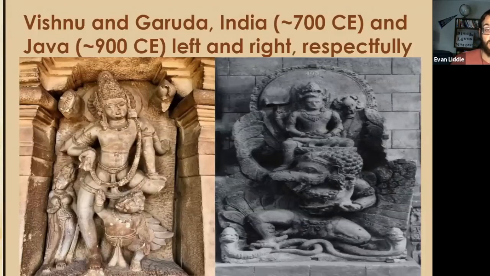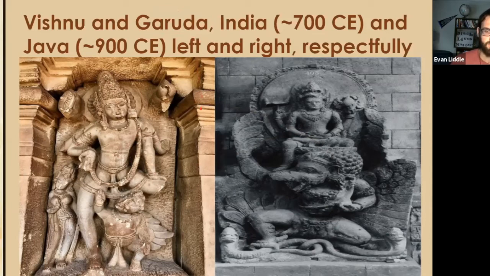This is another one of my favorite examples of syncretism. These are both statues of Vishnu and a Garuda. I say a Garuda because sometimes there's a very specific Garuda, sometimes it's just generic Garuda, but a Garuda is Vishnu's protector, guardian, assistant, sometimes just form of transportation, depending on the story.